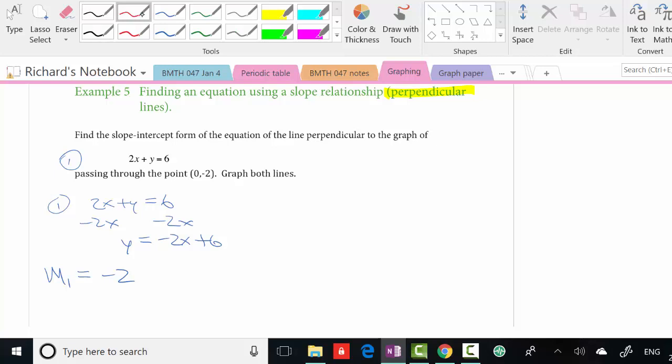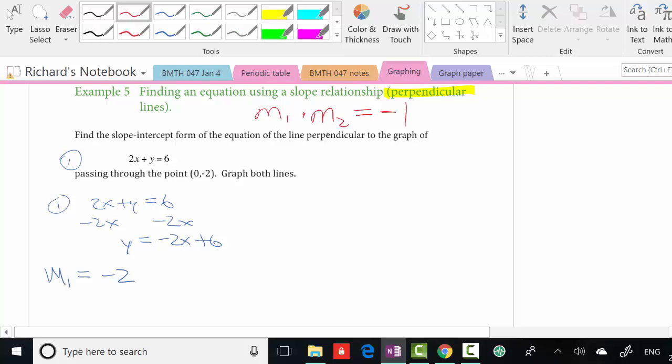If you have two slopes, m1 and m2, m1 times m2 will be equal to -1, where m1 is the slope of the first line and m2 is the slope of the other line.